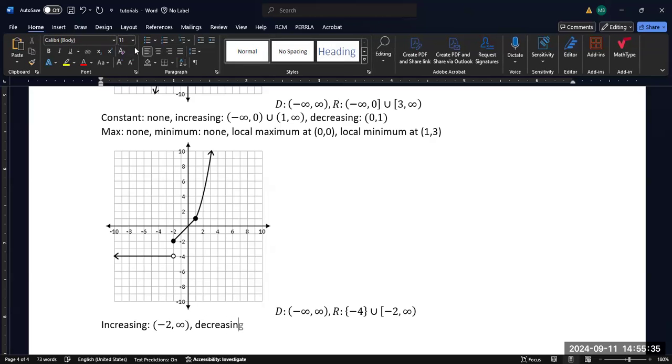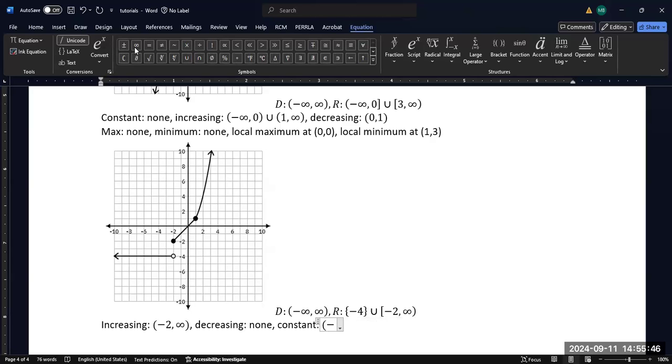Decreasing, no intervals for where it decreases. Where is it constant? In this case, it's going to be constant from negative infinity to -2.